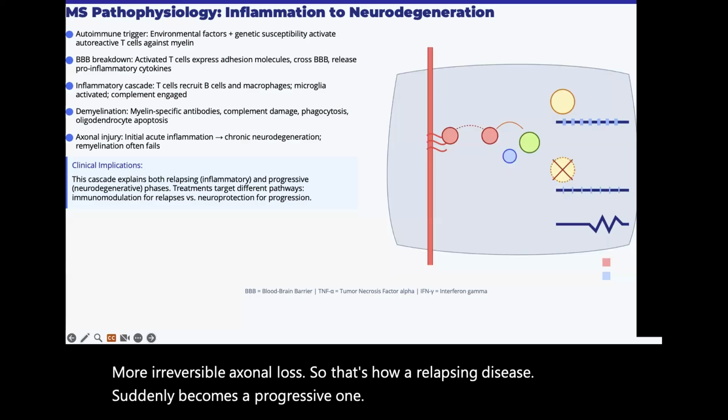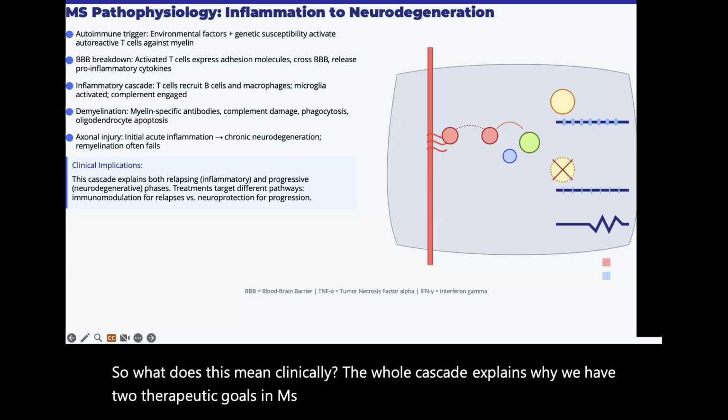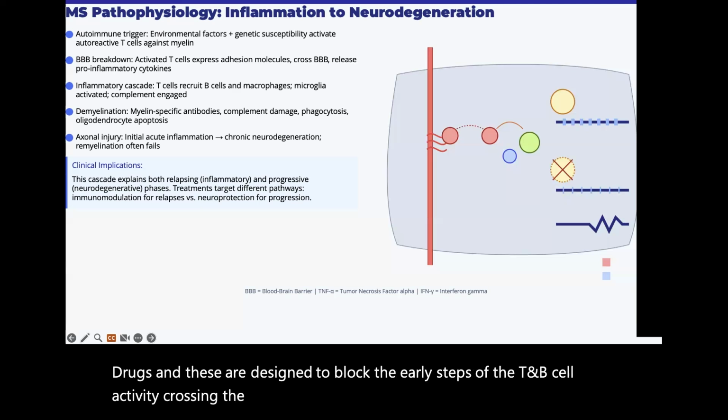So what does this mean clinically? Well, the whole cascade explains why we have two therapeutic goals in MS. You have the anti-inflammatory and immunomodulating drugs, and these are designed to block the early steps of the T and B cell activity, crossing the blood-brain barrier, trafficking the inflammatory storm into the brain that it didn't ask for.